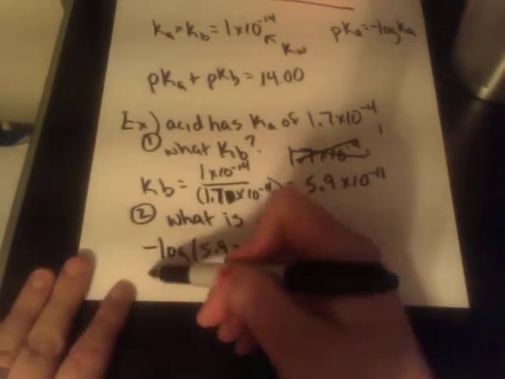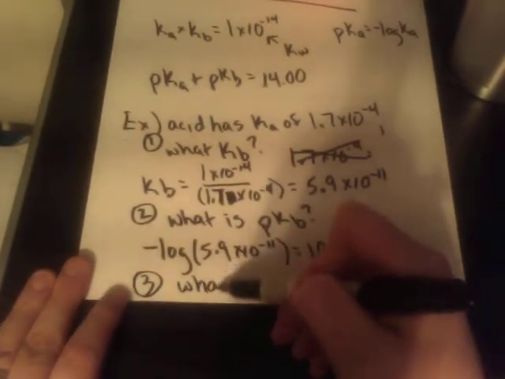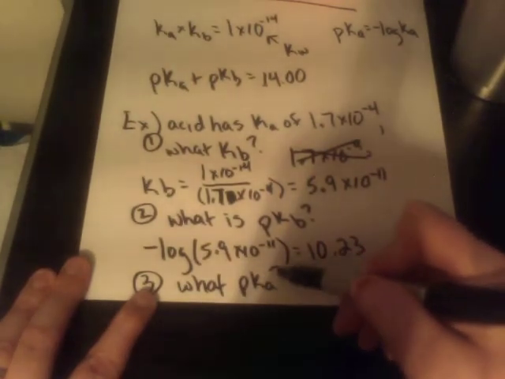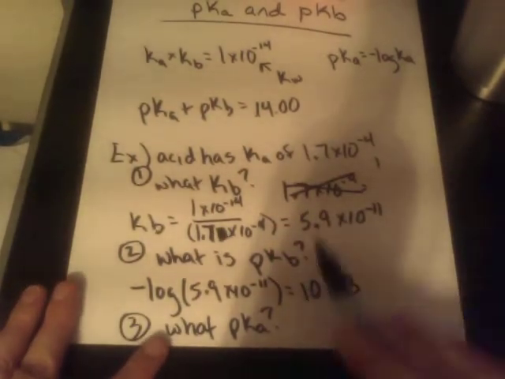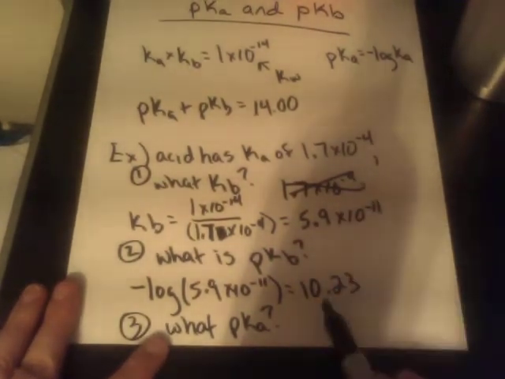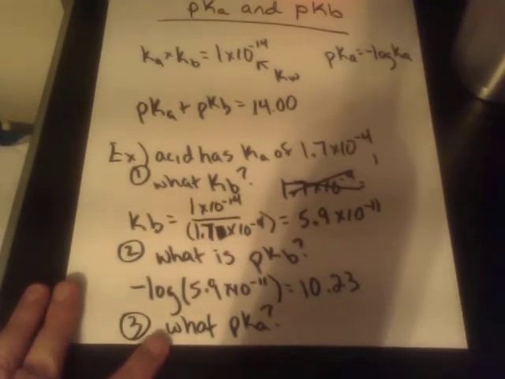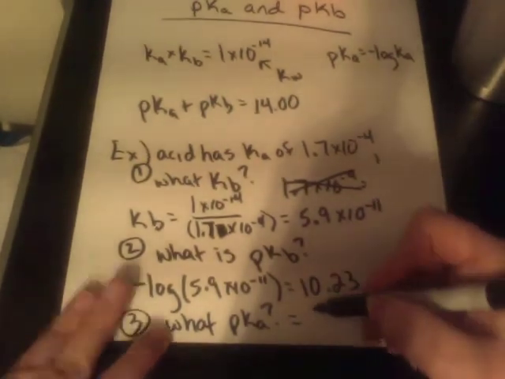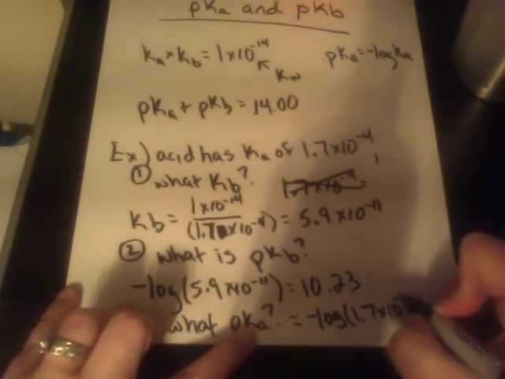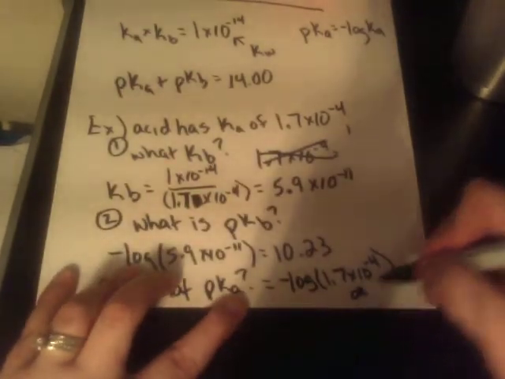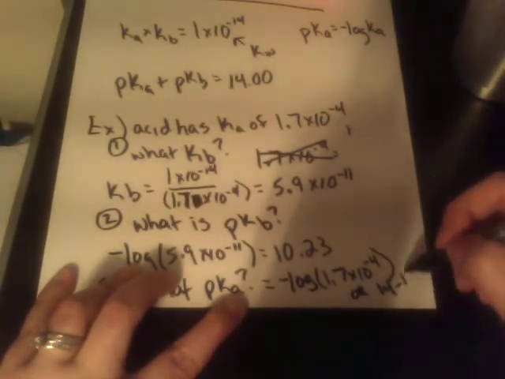What if I had another question and it says, what is pK sub A? I have two ways of doing that, right? I could take my K sub A right here and do negative log of 1.7 times 10 to the negative 4, or I could do 14 minus this number. Either way, we could do negative log of 1.7 times 10 to the negative 4, or we could just do 14 minus 10.23.